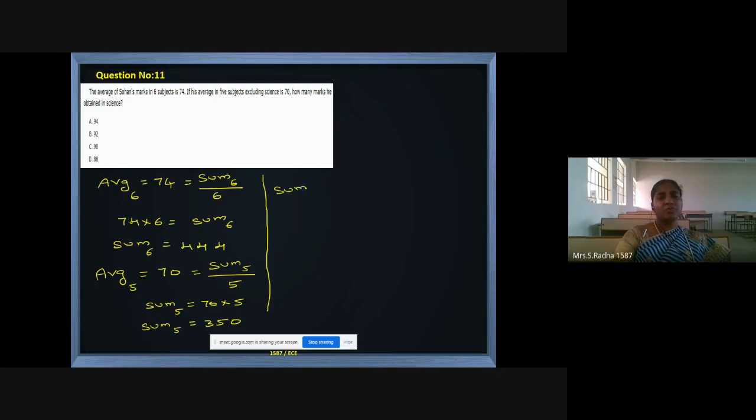So the sum of 6 subject marks minus the sum of 5 subject marks is the marks in science. 444 minus 350 equals 94. 94 is the marks obtained in science.